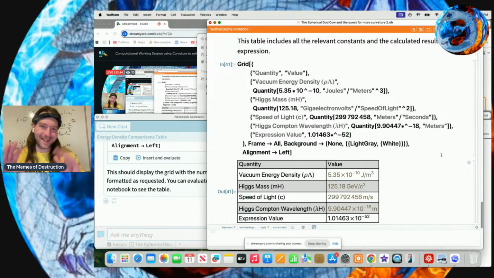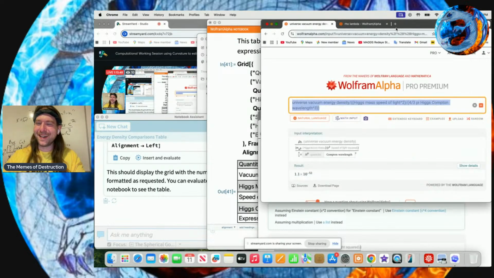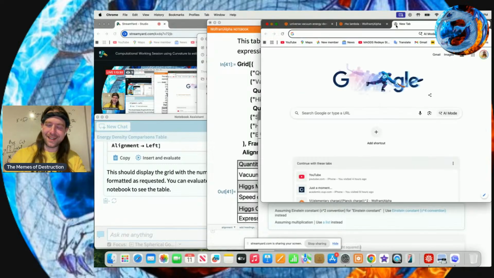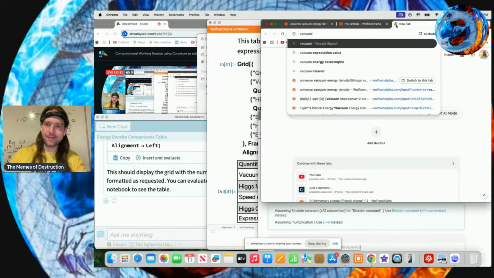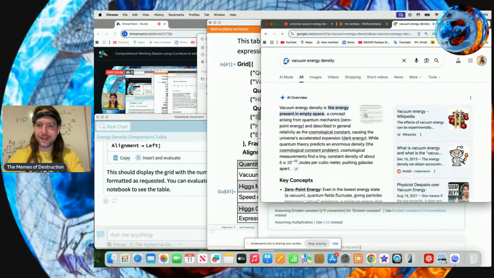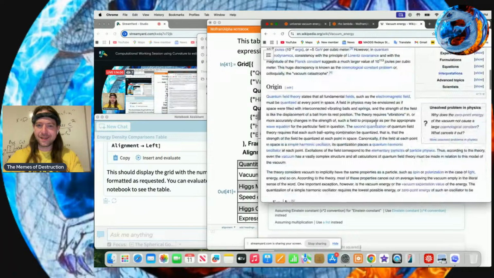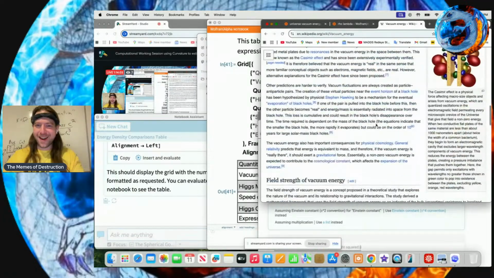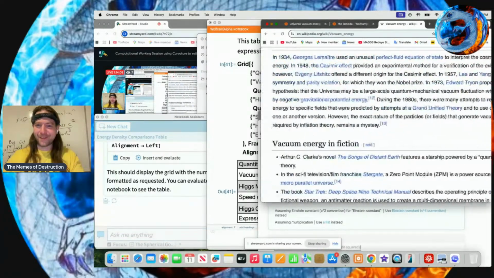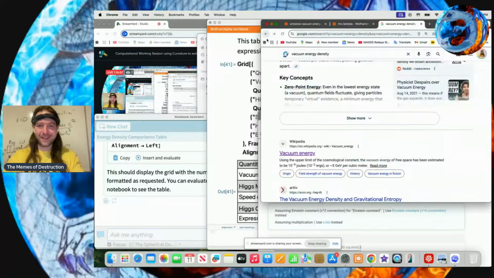Yes, I manually put that in there. Why? It's vacuum energy density. I only know it because I often use the... oh God, it's not even there.